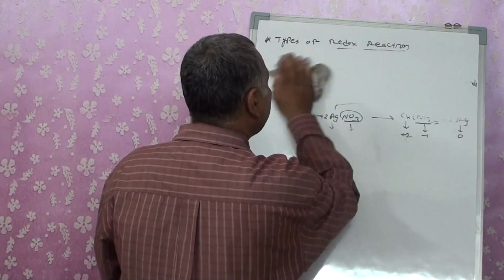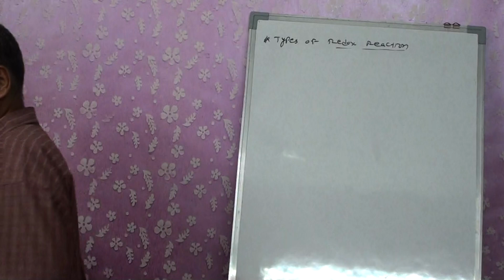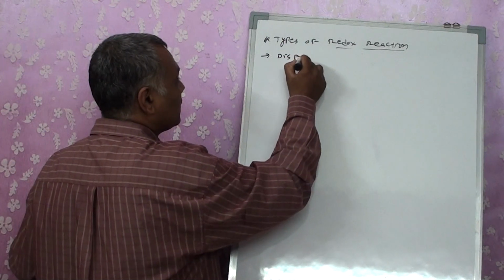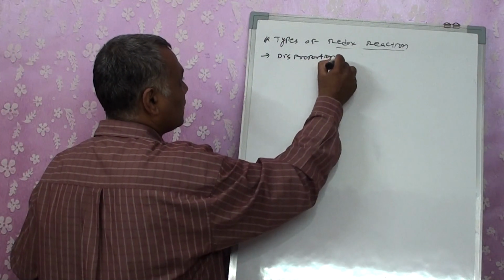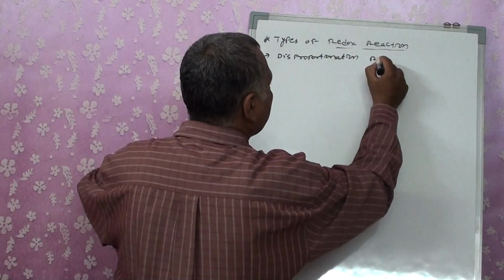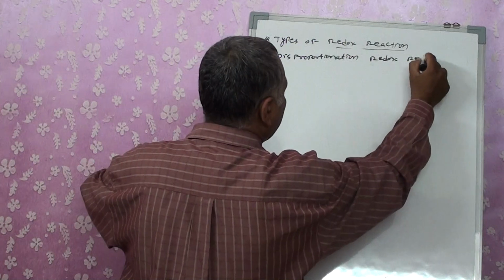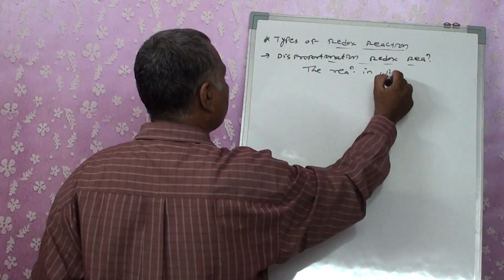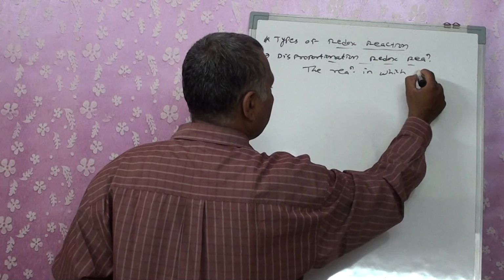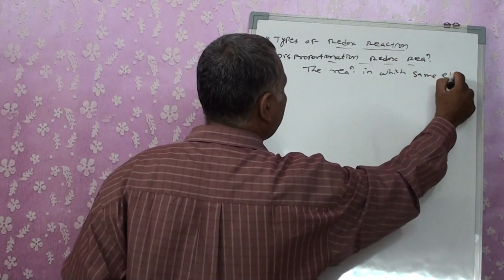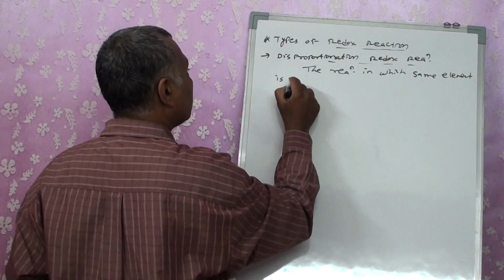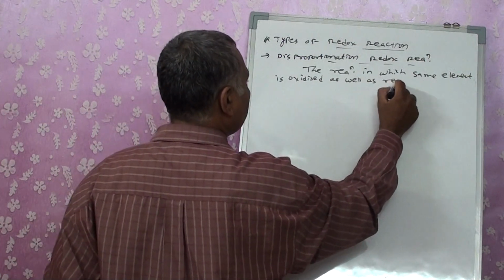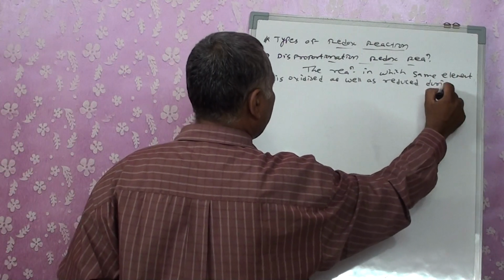It's known as the disproportionation reaction. The next one we are having is a reaction in which the same element is oxidized as well as reduced during the reaction.